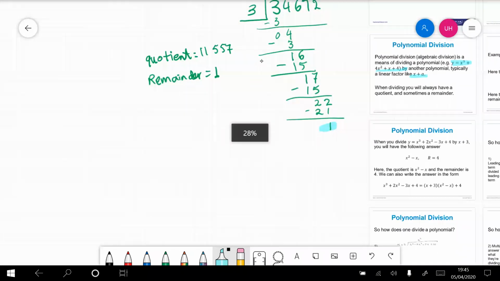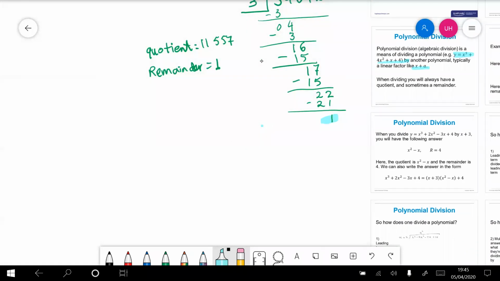The difference here is that you have polynomial terms. So I will write it down here. Sorry, I wrote a different example.